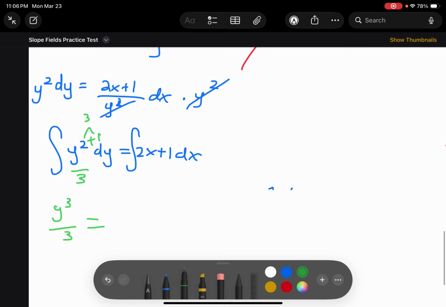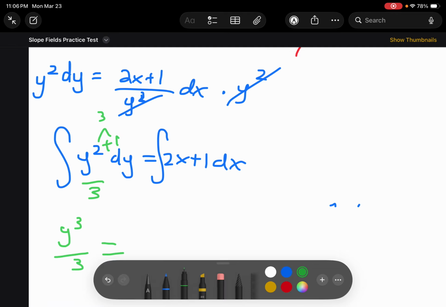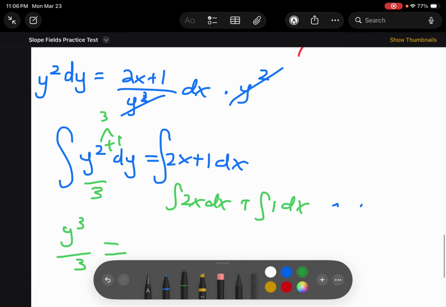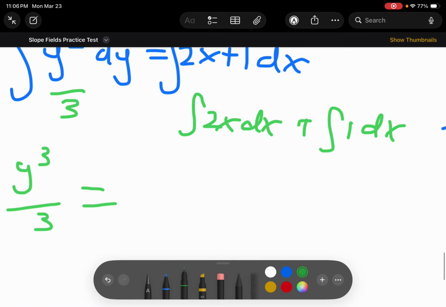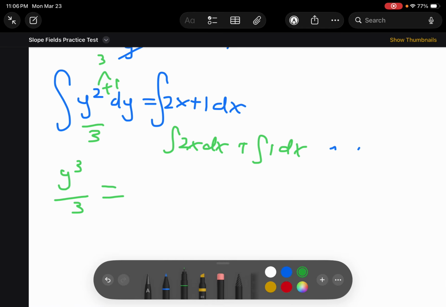What you could do, this is like a sum rule integral, 2x dx plus 1 dx, which gives you, what is the antiderivative of 2x? This is anti-power rule slash memorized integral, which is going to be x squared plus, I should have color coded this, 1 dx, the integral of 1 dx is just x, plus c.